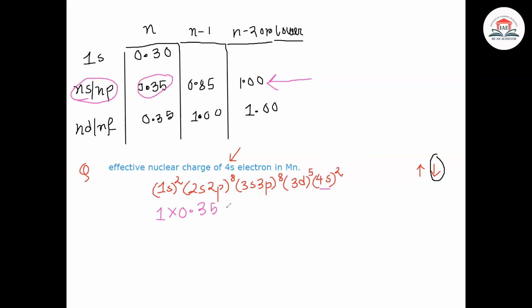Then the shell before that, the n-1 shell. What is the n-1 shell here? The 3 shell. So that is all of them, 3s, 3p, 3d. How many electrons are there in total? 13. So it will be 13 into 0.85, right? Exactly. 13 into 0.85.